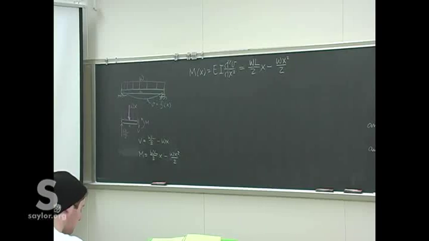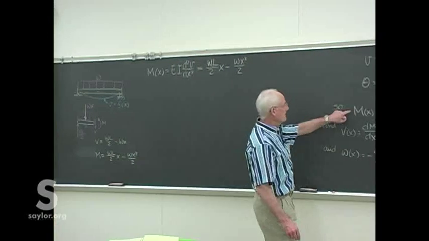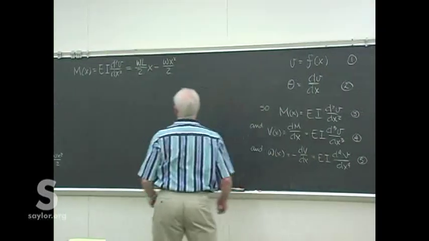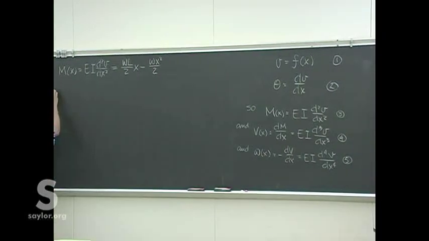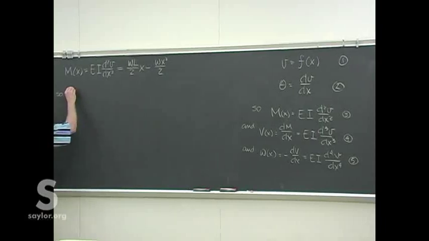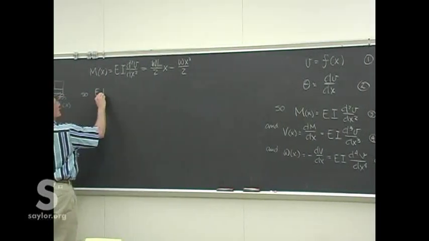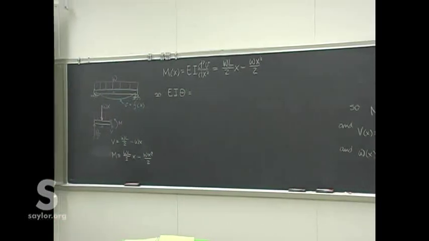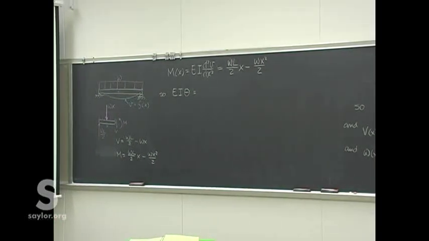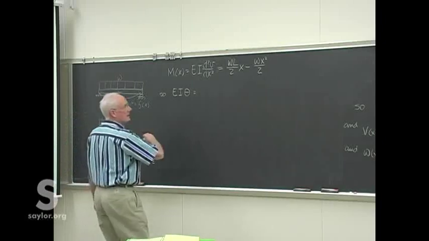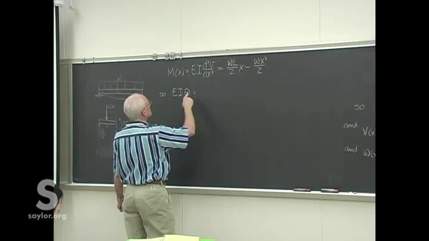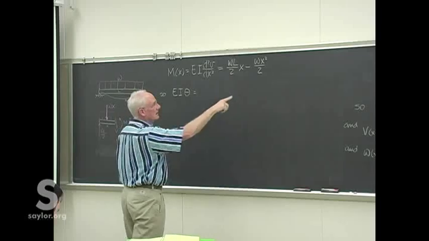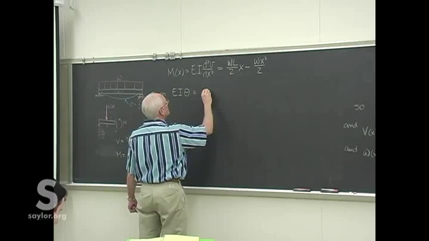What's next? Integrate. Now we integrate, we've got the moment as a second derivative, and so we can start integrating backwards. So EI theta is now the integral of this.